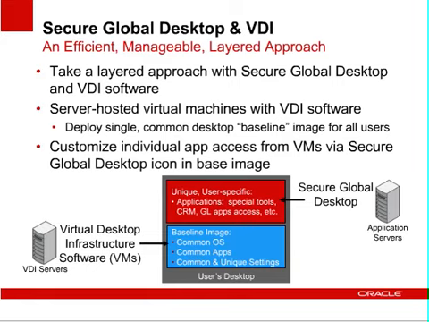Then the rest of the user config, OS-specific applications and files live within that desktop, and that entire thing can be delivered as a data center-based virtual machine out to users via thin clients and PCs and Macs and other hosts. So the splitting of SGD to pull those apps out of your VDI environment gives you multiple tiers. Not only are you combining desktop publishing, you're combining that with application publishing, and you're getting all of those products integrated and tested together.